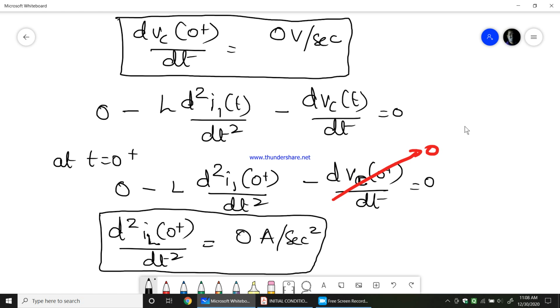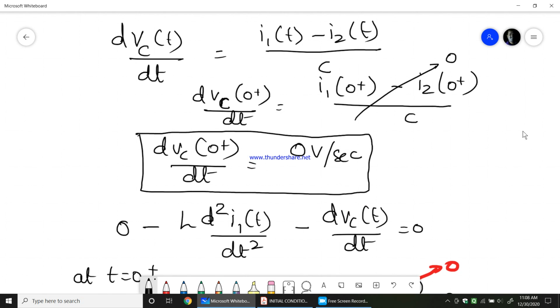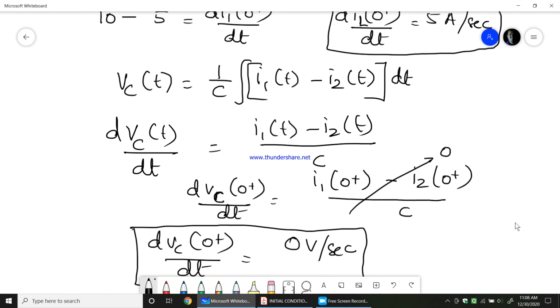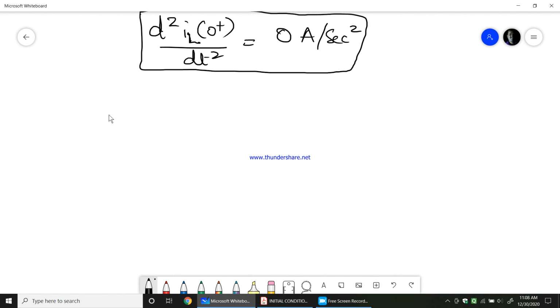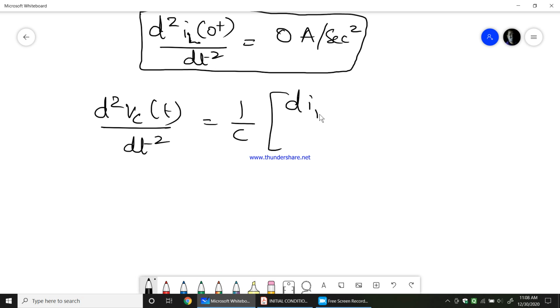Now we are left with finding the second derivative of the capacitor voltage Vc. For that, we take this equation and differentiate it once again. So what do we get? d square Vc of t by dt square equals 1 over c into dI1 of t by dt minus dI2 of t by dt.